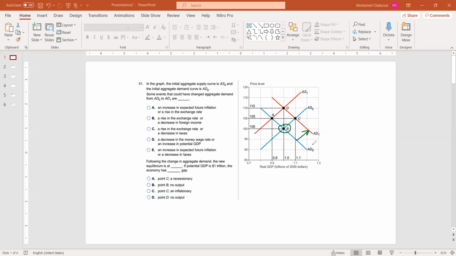And from an aggregate perspective, when the exchange rate rises, exports become more expensive and imports become less expensive. So exports will decrease and imports will increase. So if exports decrease and imports increase, do you think that aggregate demand increases or decreases as a result?